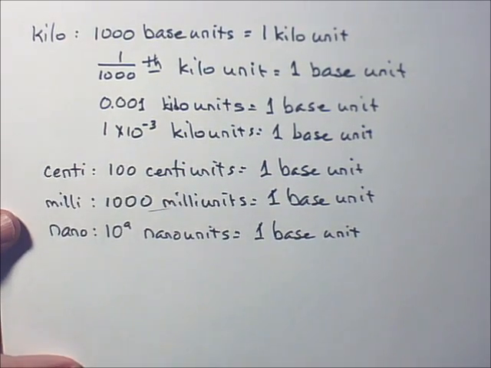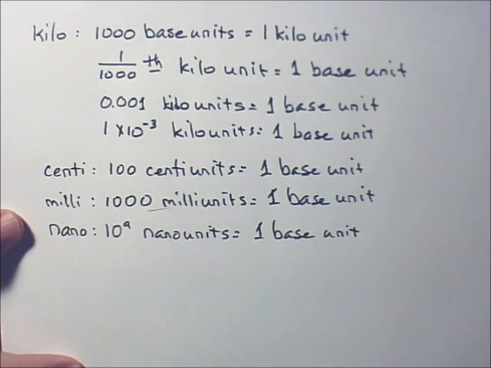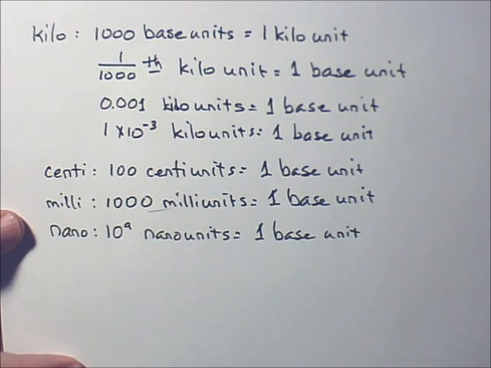That's all you need to come up with a conversion unit. I hear a lot of people chatting back there, and you really need to pay attention. All you need for a conversion unit are two things that are actually equal to each other, in this case with the units of measurement. Got that?